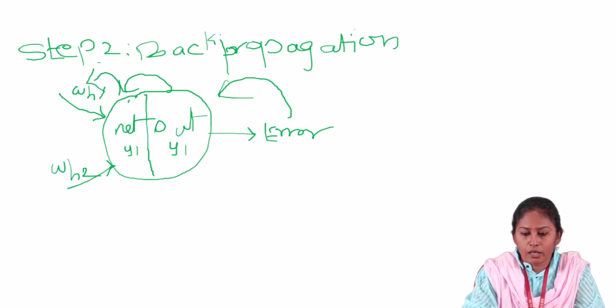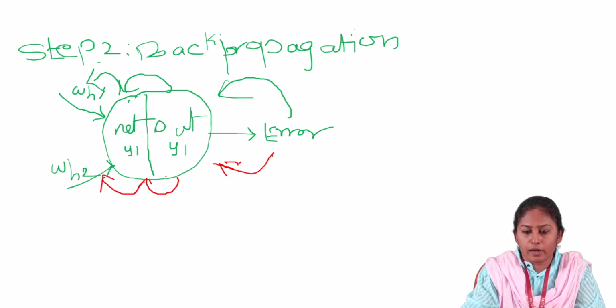Similarly, I can go from the total error to out y1, then from out y1 to net y1, from net y1 to WH2.